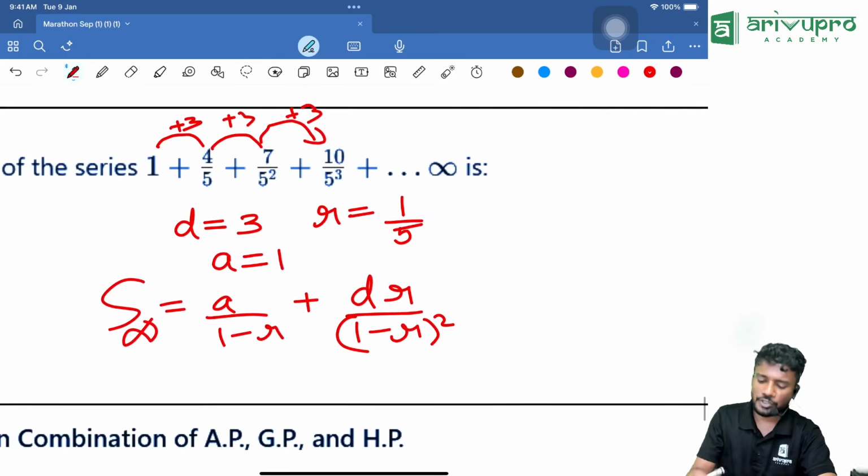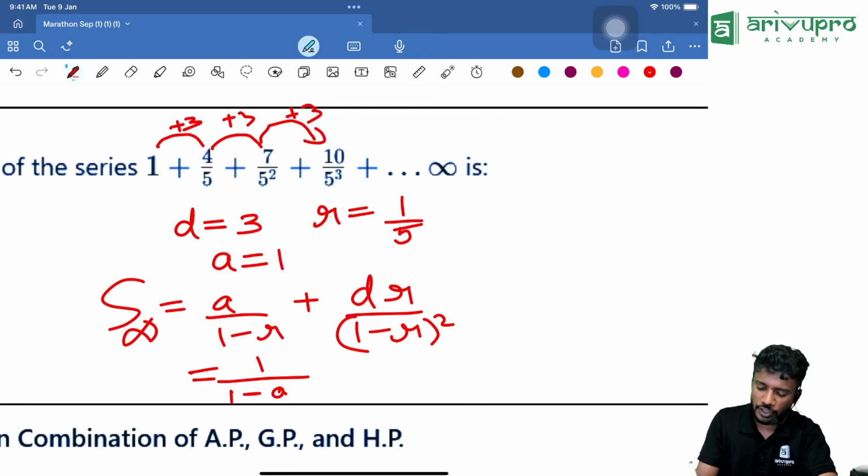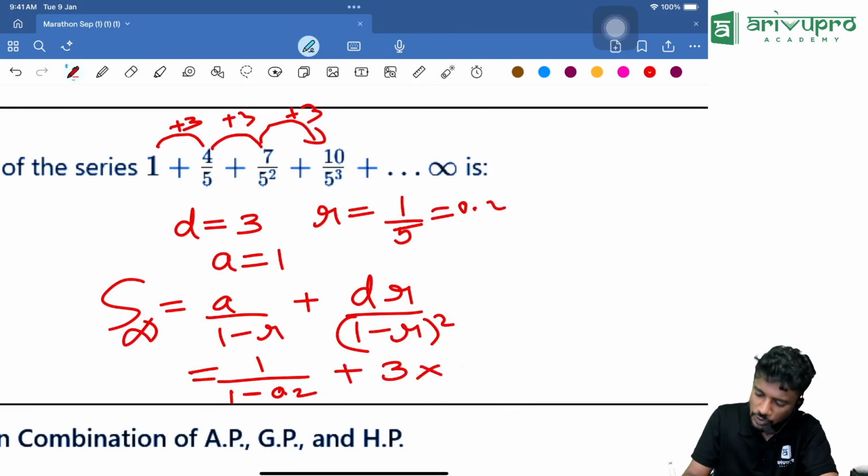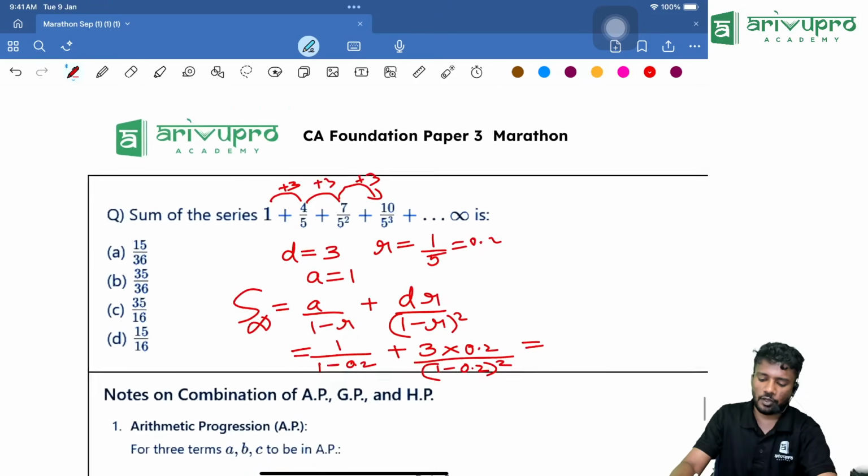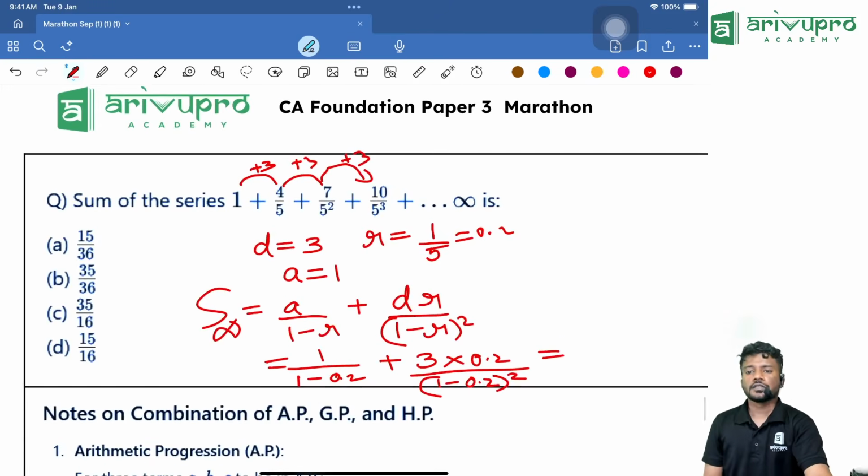A is how much? 1. Divided by 1 minus R is how much? 1 minus 1 by 5, can I write it as 0.2? Which is equal to 0.2. Yes. Which plus D is how much? 3 into 0.2 divided by 1 minus 0.2, that is 0.8 the whole square. Get me the answer. How much is it? 2 point?